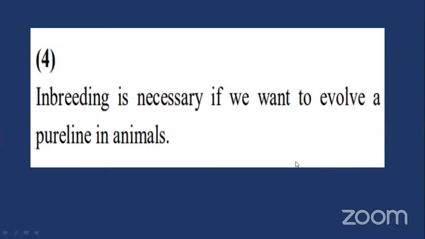See the option: inbreeding is necessary if we want to evolve a pure line in animals is the correct option.